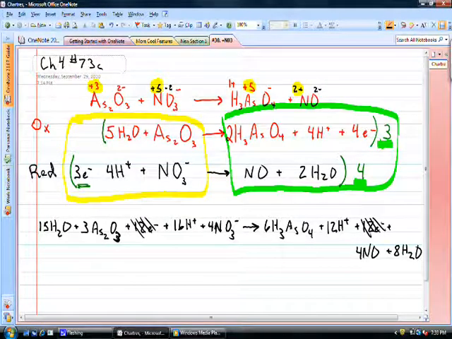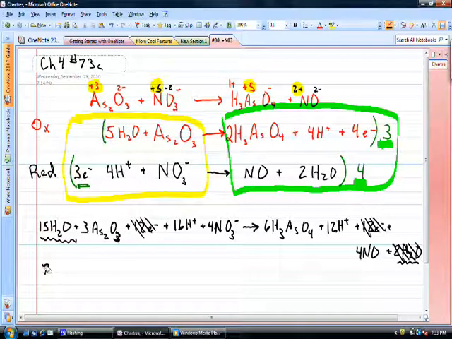Anyhow, so we cancel out the 12 electrons on both sides. We have 15 water here and 8 water here. So we can cancel these 8 waters. So 15 minus 8 leaves us 7 water, 7 H2O.